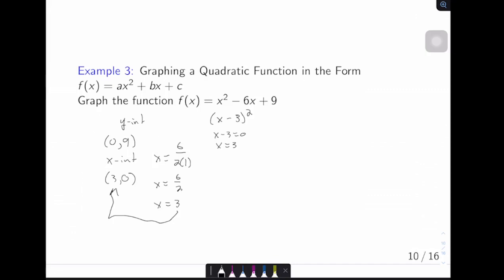Let's prove it. f of 3 equals 3 squared minus 6 times 3 plus 9, which is 9 minus 18 plus 9, which is simply 0. Okay, cool. Graphing it, we're done. Moving on.